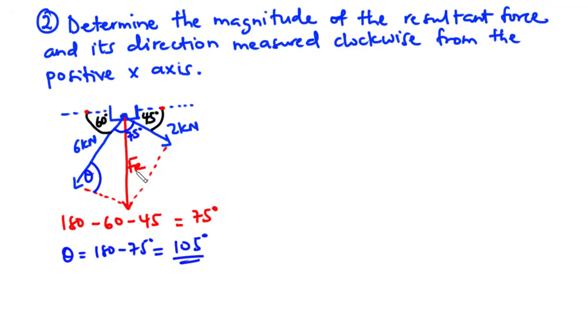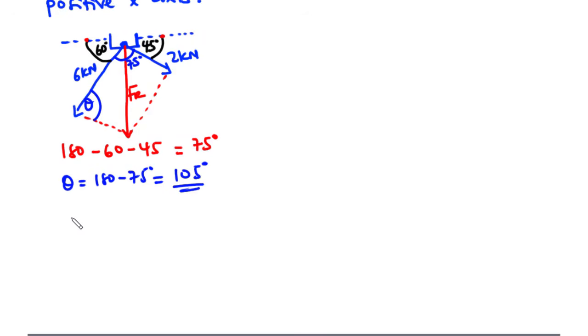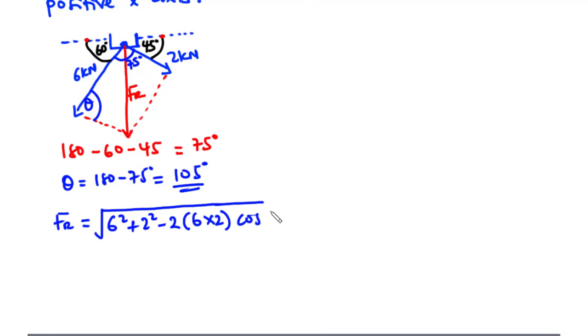Now let's find the resultant force FR. So we know that FR according to the cosine law or the cosine rule, is equal to the square root of 6 squared plus 2 squared minus 2 into bracket 6 times 2 cosine theta, that is 105 degrees.